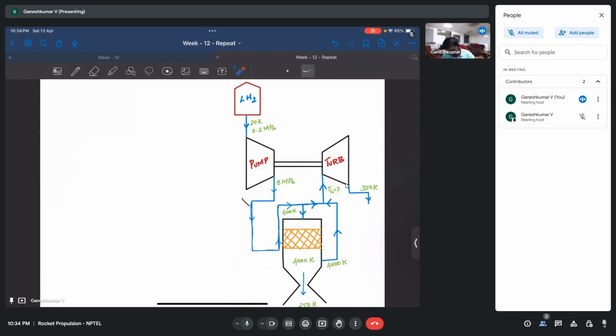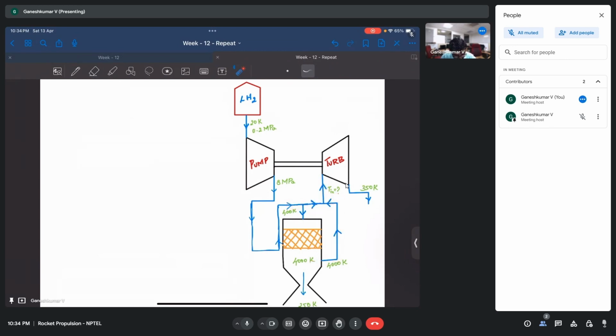Now, this is the schematic. We have hydrogen at 20 Kelvin and 0.2 megapascal going through the pump. It raises the pressure to 8 megapascal. Then it goes through the coolant channel and gets heated up to 400 Kelvin, and the reactor exit gas coming out is mixed with this 400 Kelvin flow and then given to the turbine at a certain temperature, which we don't know.